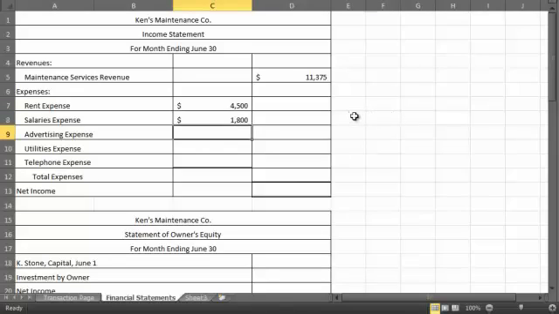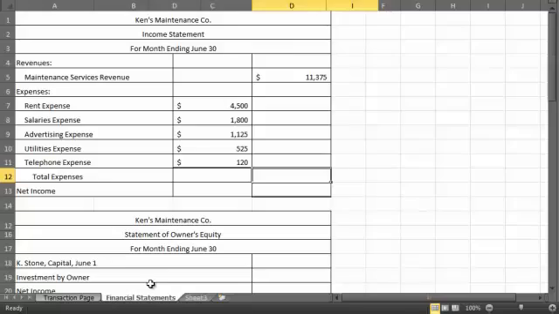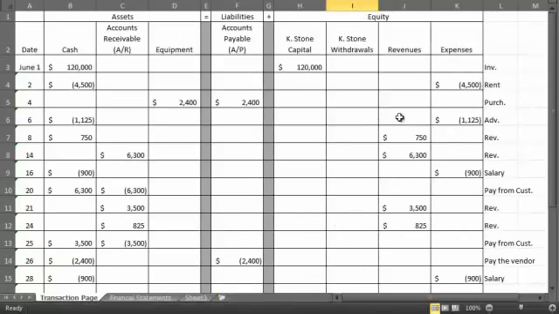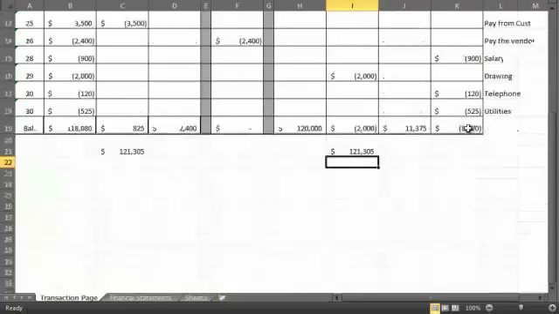I also know that we only had one entry for advertising expense, and so I know it is $1,125. I know the utilities expense was $525, and the telephone expense was $120. And of course, I could add these up right here if I wanted to, but in reality, if I go back and look at my spreadsheet that I used, my expenses, they should all total up to $8,070.